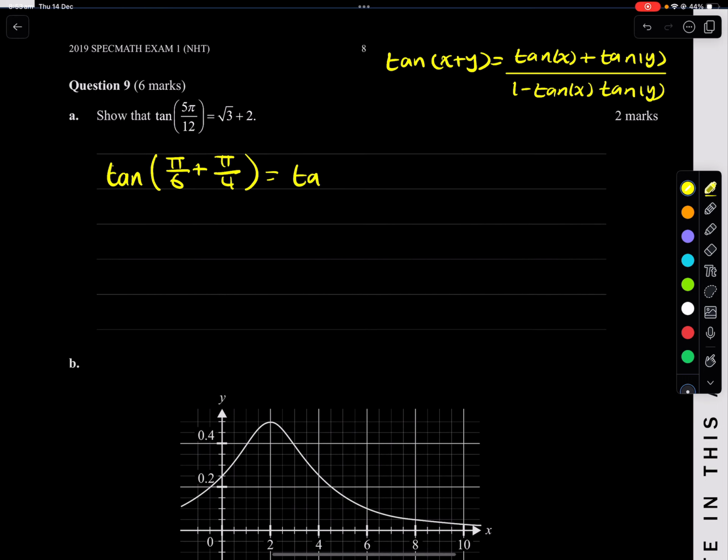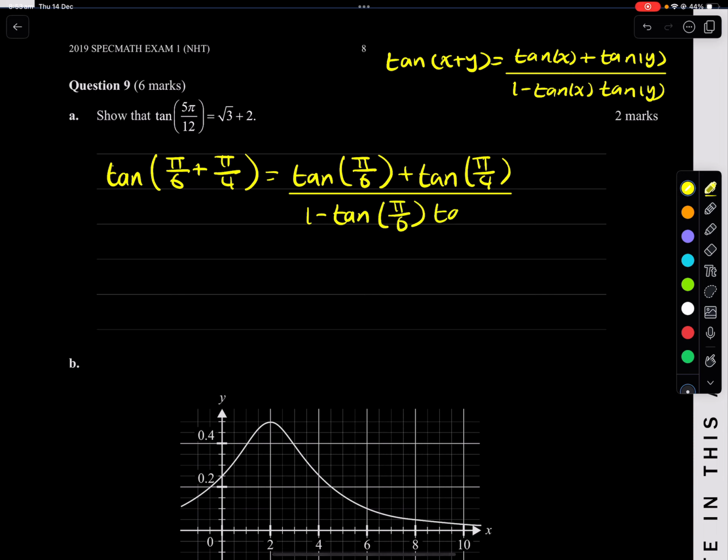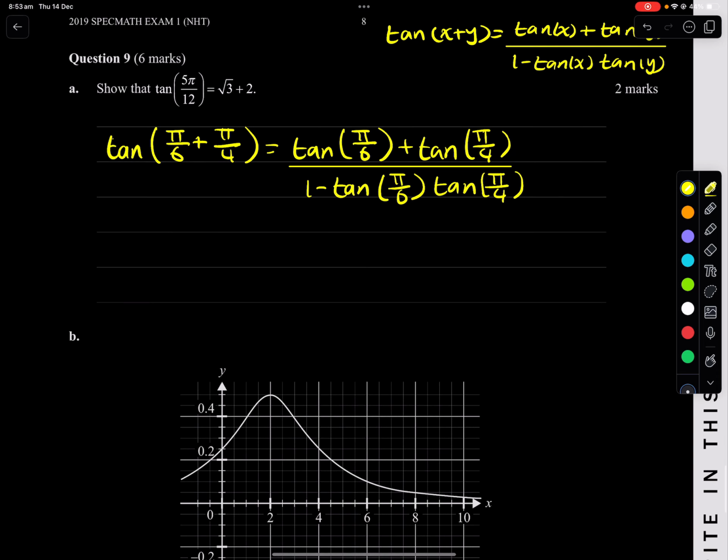In other words, tan of x, which is pi over 6 in this case, plus tan of pi over 4, all divided by 1 minus tan pi over 6 times tan pi over 4. Okay, tan pi over 6 is what? It's just 1 over root 3, plus tan pi over 4 is just 1.